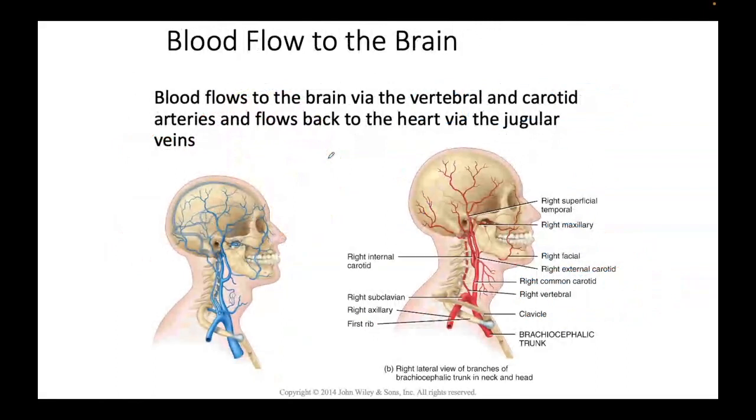Okay, how does the brain get its nutrients and get its oxygen? It gets it from blood flow.